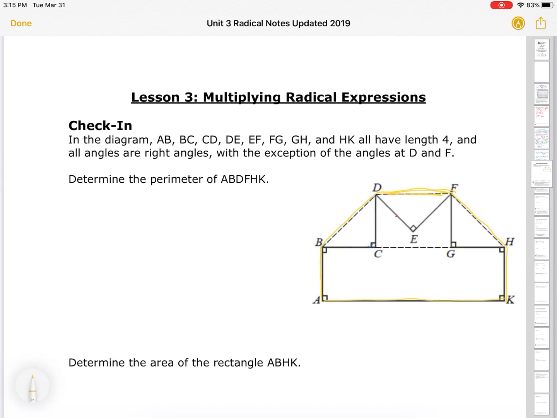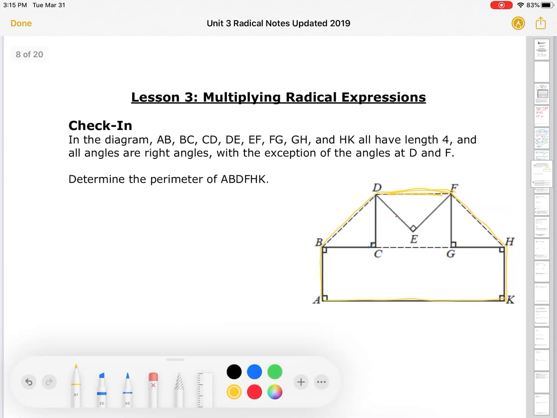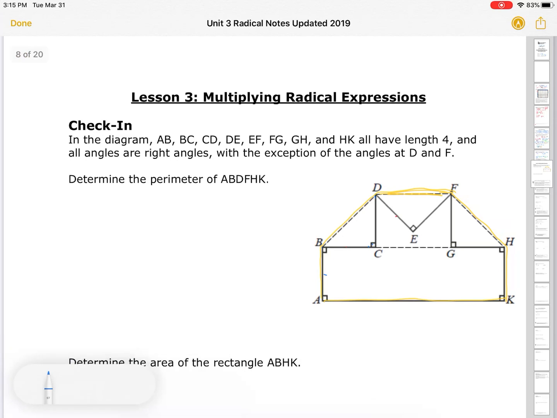It is this large picture where I've drawn the yellow glowy line. From the information given in that paragraph, this length, this length, this length, this length, this length, this length, this length, and this length are all the same, and they're all equal to 4.